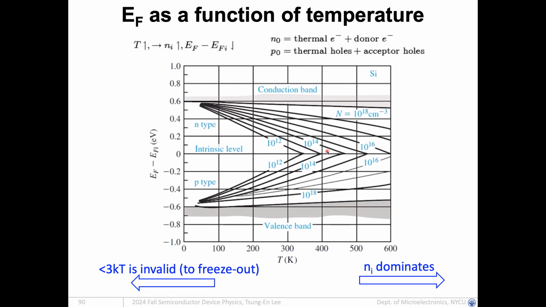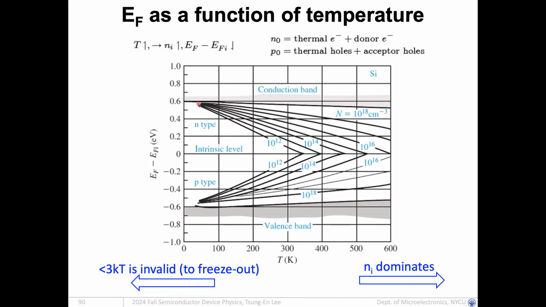The last slide of chapter 1.2 is the Fermi level as a function of temperature. As I mentioned, when the temperature becomes lower, it gradually freezes out, and that's why the Fermi level for n-type will move closer to the conduction band, even higher than the donor level.